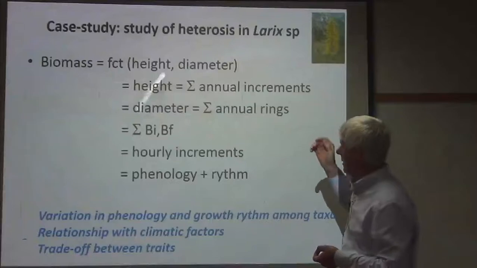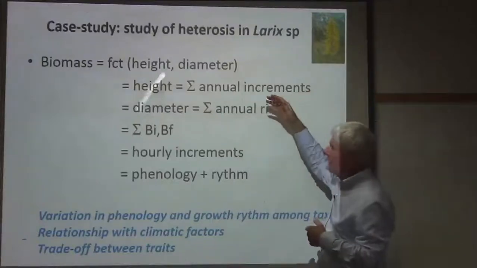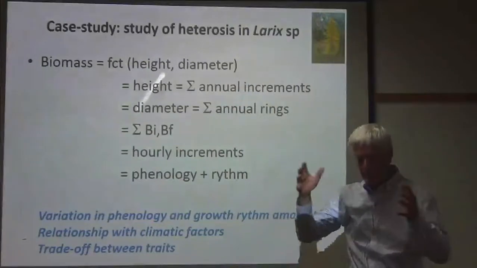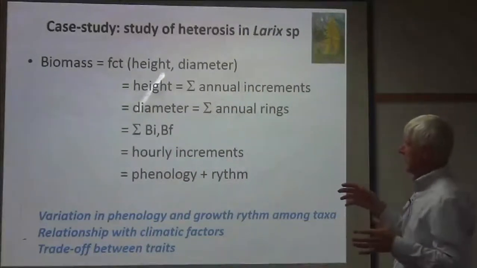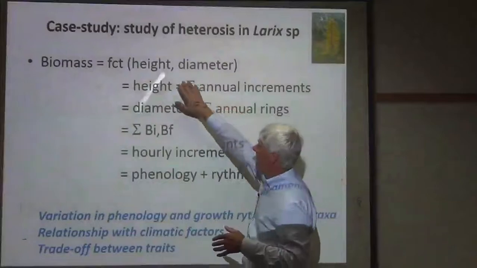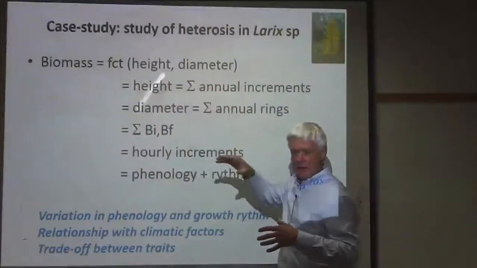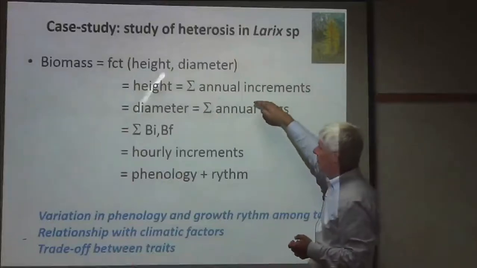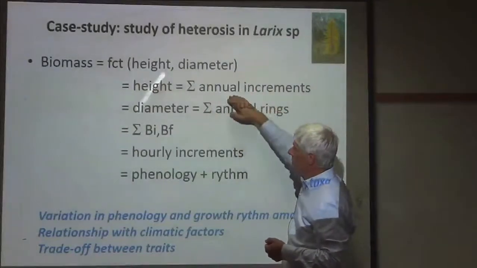Yes. It's what I mentioned yesterday, that when you talk of biomass, biomass is something which is global and which is made up of height and diameter. And height and diameter is already a complex trait. And the idea here is to go down to different components of height.